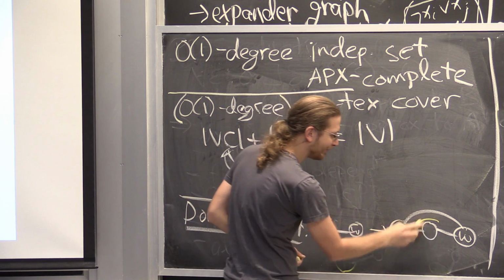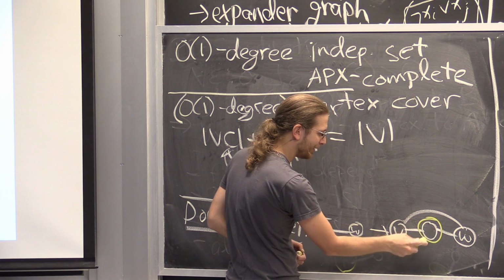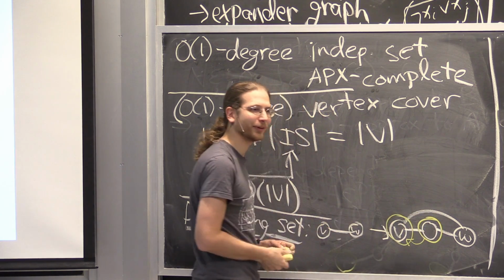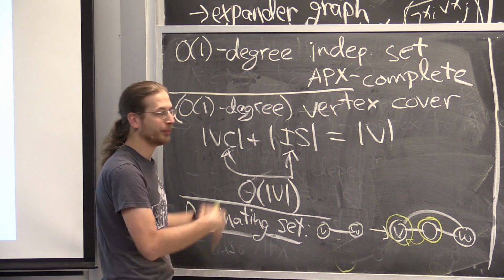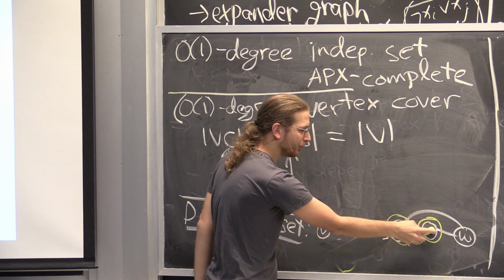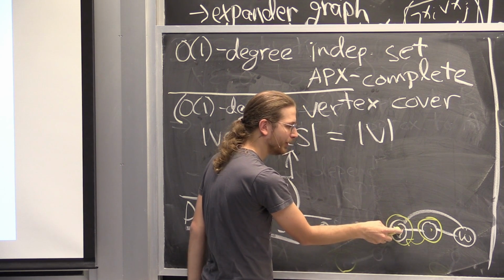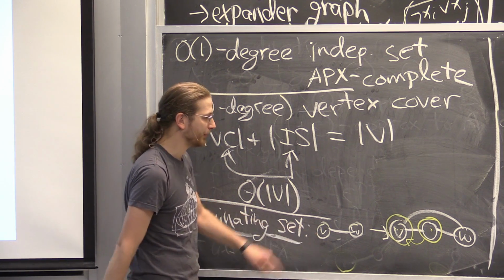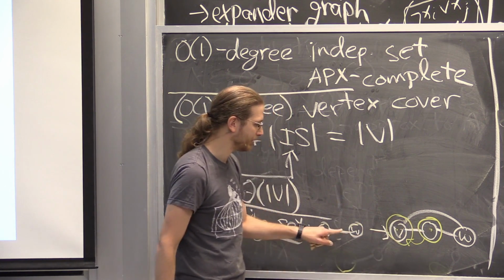So if this was in the dominating set, you can just move it over to being V or W. It will cover all the things it could cover before and maybe even more. So in the optimal solution over here, you'd never need to choose one of these vertices, which means we can assume they're on the original vertices, which means you are just solving vertex cover, because covering that is the same as covering that edge.